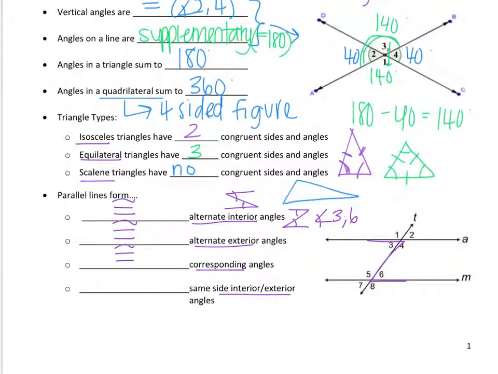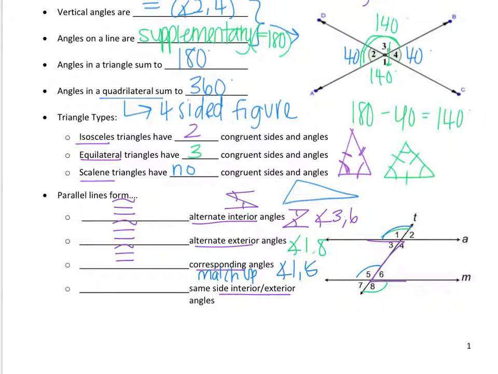Then alternate exterior angles are angles like angle 1 and then angle 8. Corresponding angles match up. They're in the same position. So something like angle 1 and angle 5. And again, these three pairs are all congruent to one another.